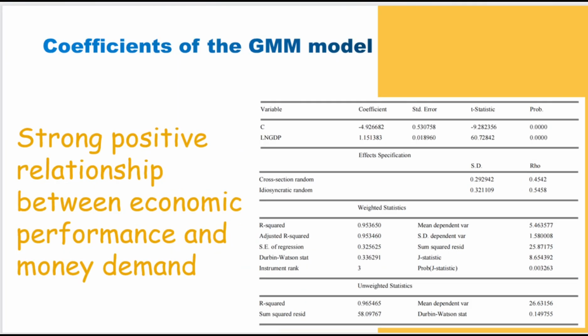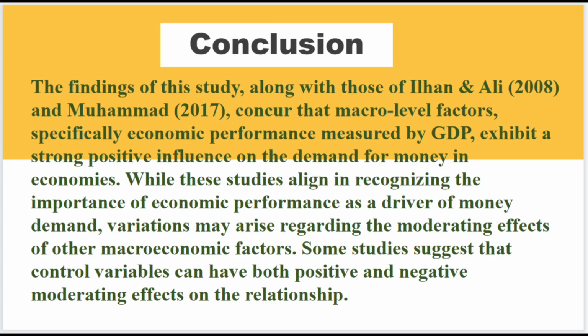The coefficients of the GMM model suggest that the model is meaningful in predicting the money demand in the transitioning economies. Specifically, the economic performance of the economies has a strong positive relationship with the demand for money.